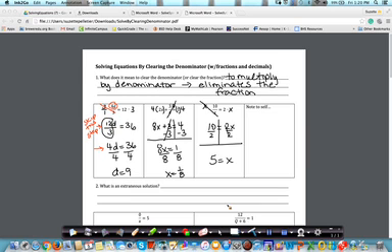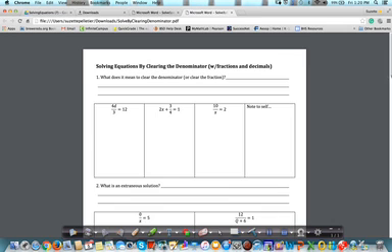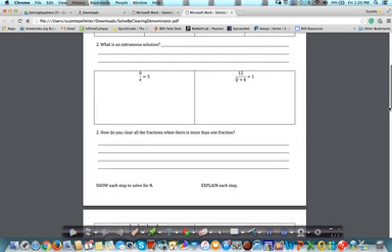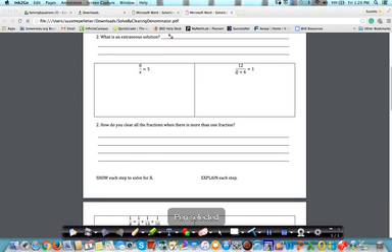Okay, moving on. Extraneous solutions. Most of the time you heard about extraneous solutions in Algebra 2. Okay, an extraneous solution is an answer that you get that appears to be appropriate.